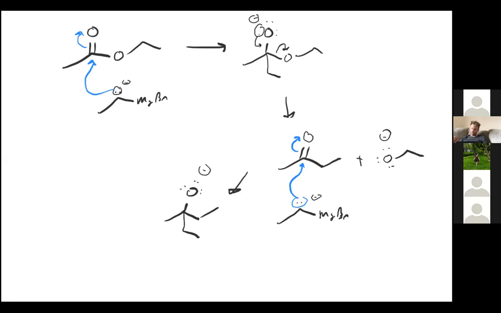We'll generate this negatively charged oxygen along with our ethanol one that we still had previously. Our last step, we're throwing in water. We're just going to have a lot of H plus floating around, which we can pick up to generate the alcohols for our product.